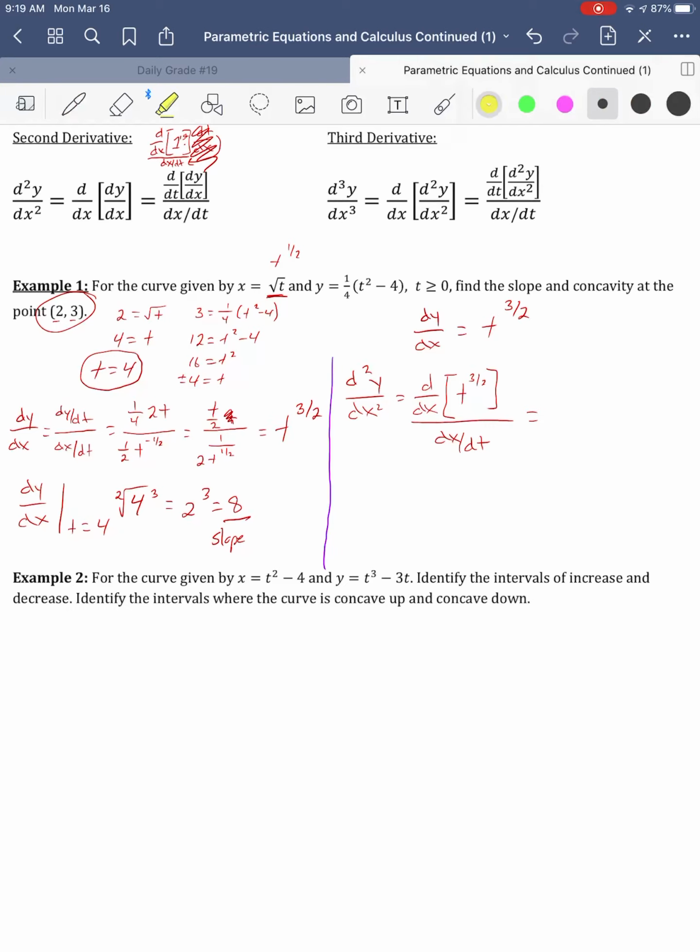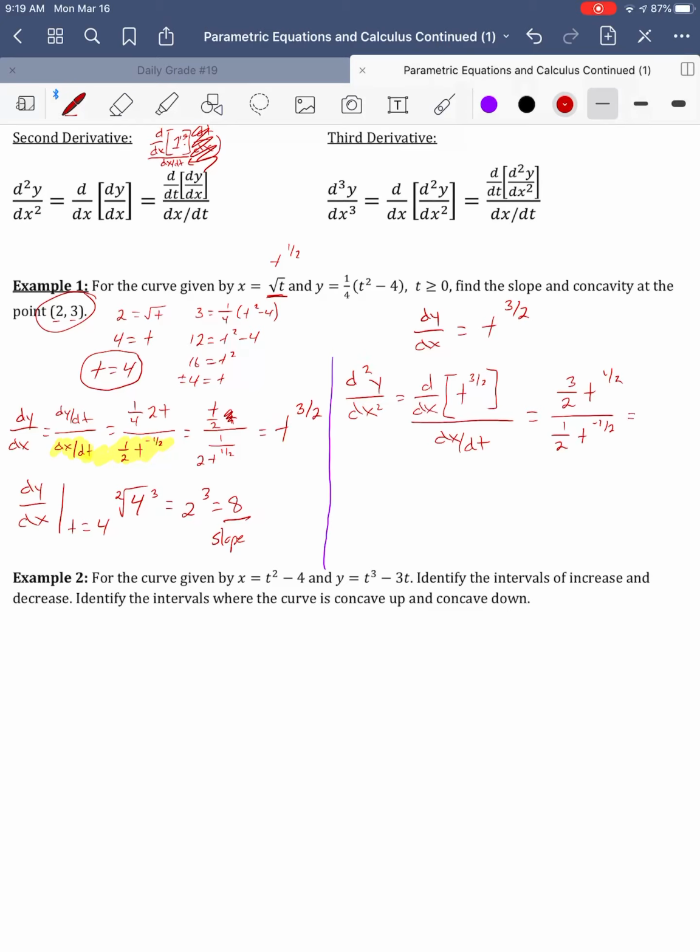Remember, we have found dx/dt already, so we already know what dx/dt is. So the derivative at the top is 3/2 t to the 1/2, and then dx/dt is 1 over 2 t to the negative 1/2. So there's my second derivative.